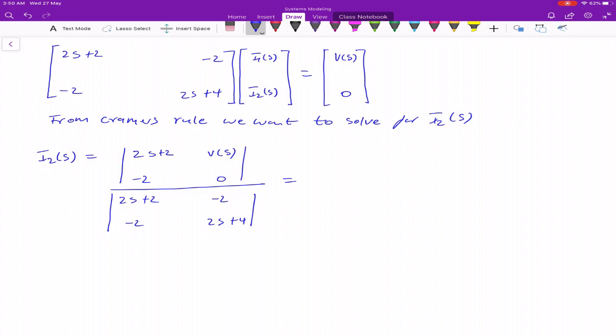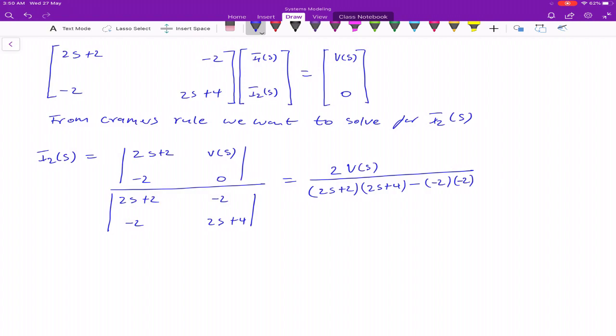If we do that, 2s plus 2 times 0, that's 0. So we are going to have minus 2 times vs, so it's going to be plus. So we're going to have on top 2 vs over, you're going to have 2s plus 2 times 2s plus 4 minus 2 times minus 2, okay?